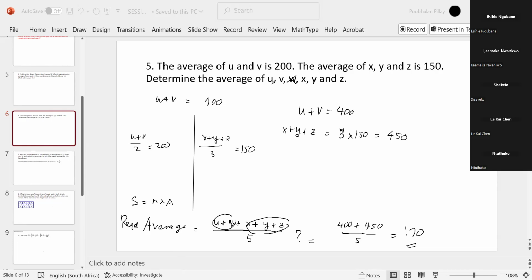So I wrote down, determine the average. So I wrote down what that means. And I said, I need to calculate this. And that is how I built this thing up. And once I came to these two, then I can get to my answer. So it's important to know what the goals in every problem are so that you can work towards it. So this is an example of that.